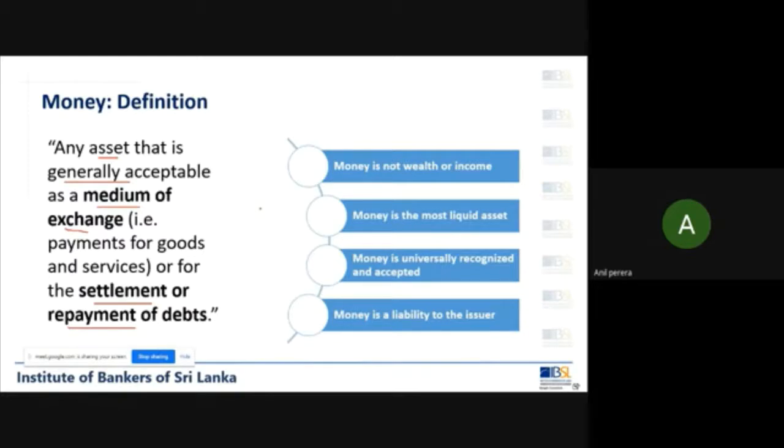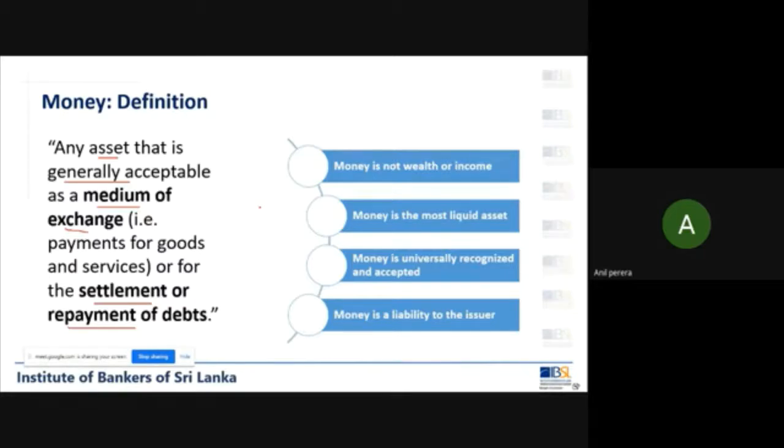because in the modern world you repay or settle debt using money, not any other asset. Maybe in the past, if you borrowed, you may have settled using something else, right? Maybe a basket of vegetables, or an animal, a cow, a goat, cattle, right?